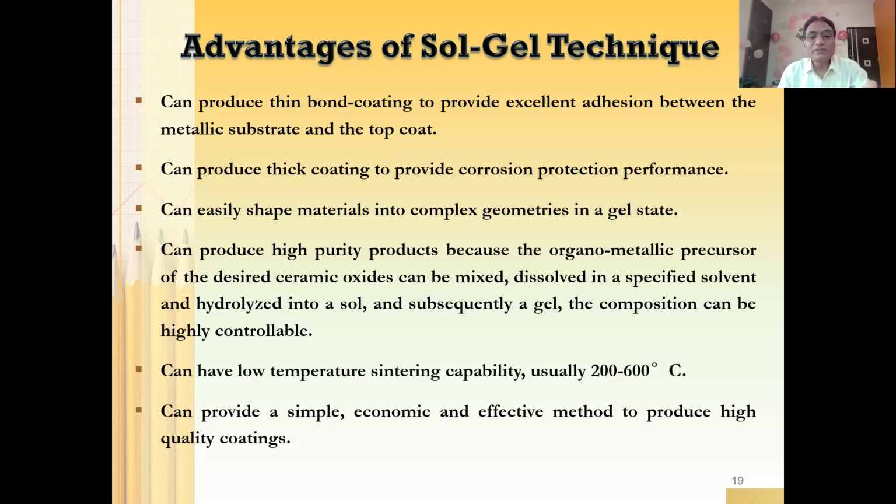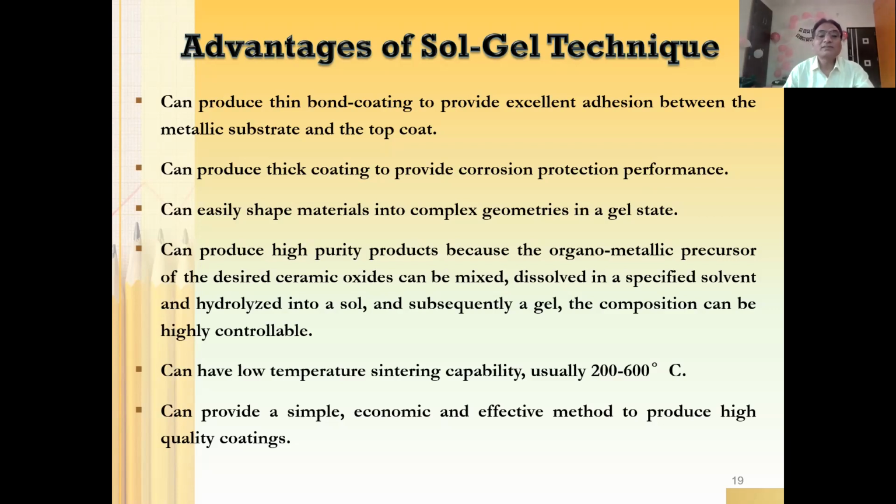It can produce high purity products because of organometallic precursors. It has low temperature sintering capabilities, usually 200 to 600 degrees Celsius. It means decomposition is not going to happen up to 600 degrees Celsius. It is a simple, economic, and effective method to produce high quality coatings. This is very important because it is very simple, economical, cost effective, and effective as well.